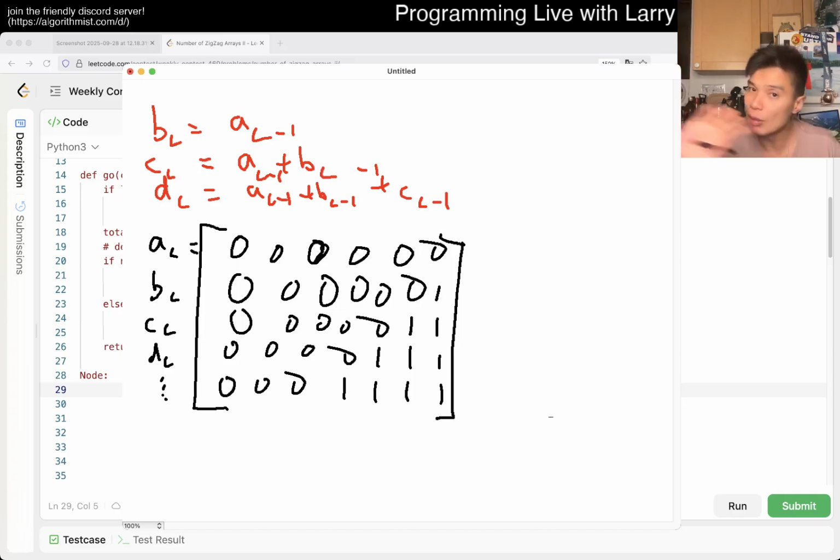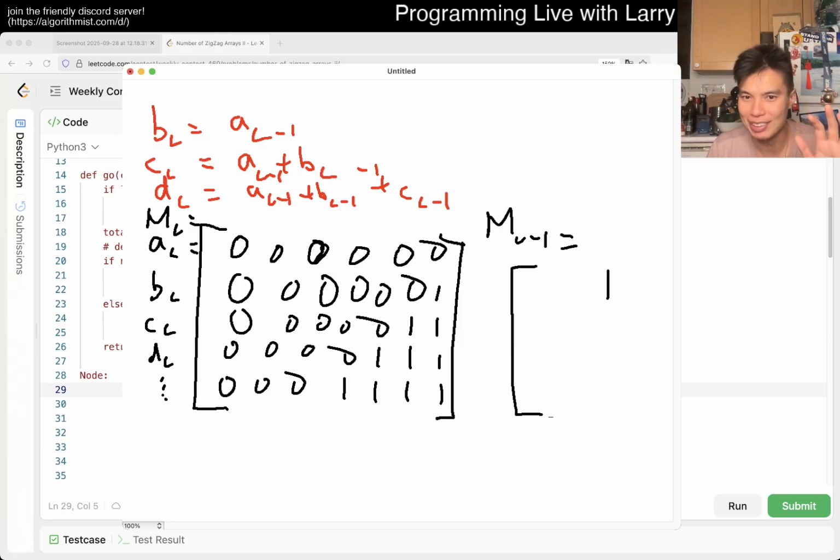But if they were not the same, then maybe you could say M sub L is equal to this thing for the transition, or maybe T sub L for the transition, and then L minus 1. Let's just say, for argument's sake, for visualization, this is different. It's just random numbers, right?